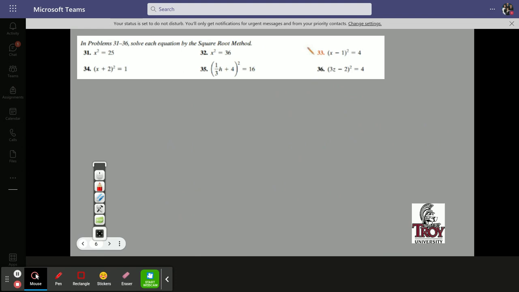Remember that? When I have a trinomial square, I have an ax squared, my c is going to be twice the square root of b. Okay? I'm looking for some numbers.